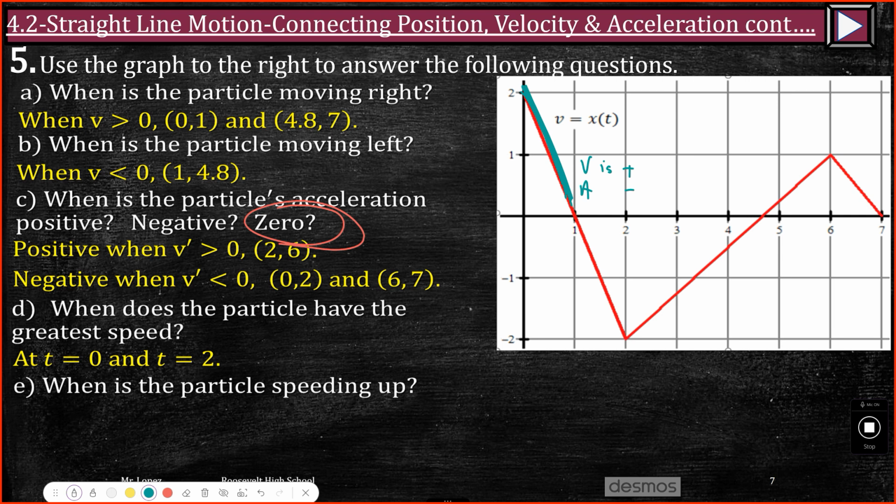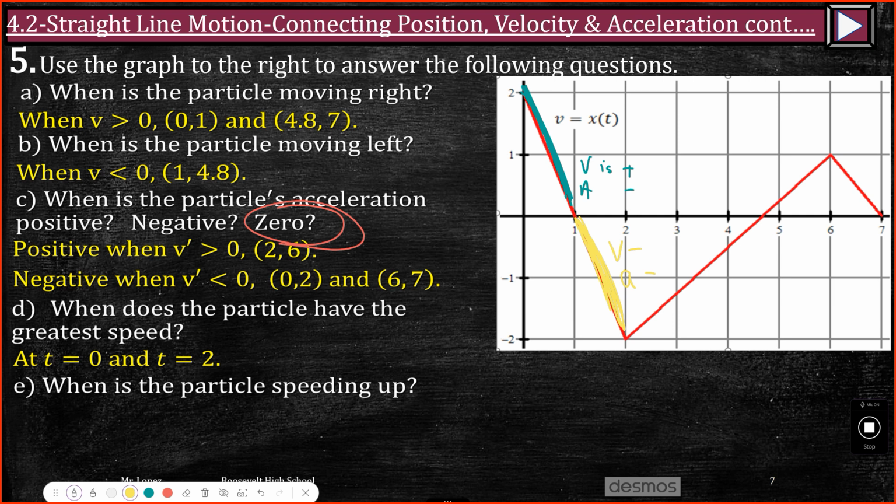Then this other one: velocity is negative and acceleration is negative. They'll match up, no? Yes? The slope of it is acceleration. So that would be from 1 to 2. And then what else?